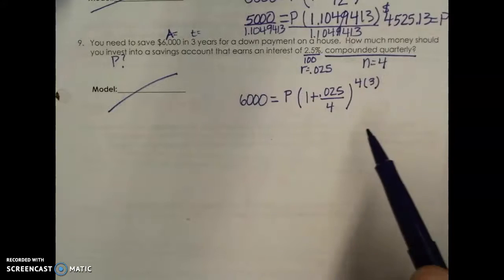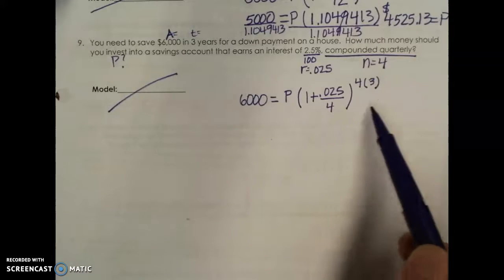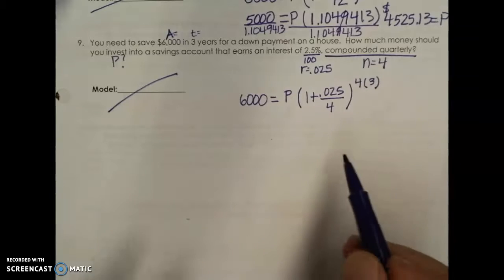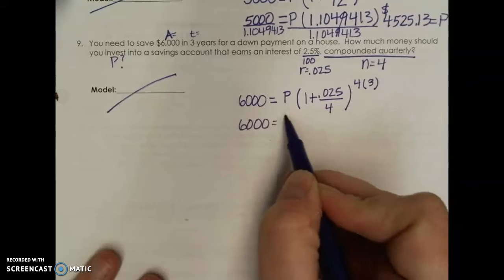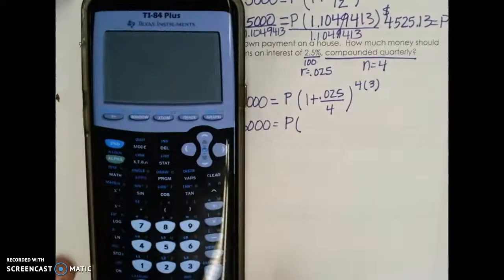So this problem is going to work exactly like the previous problem did. I need to find out what this number is next to the P, so I can divide it off and get P alone. So if I have 6,000 equals P times, well, I don't know. Let's give it a try and see what we get.